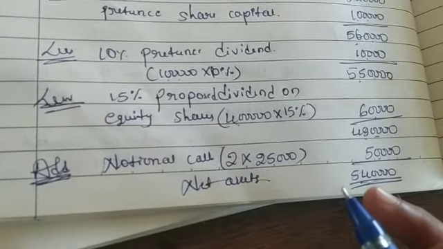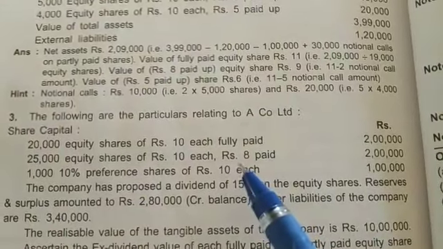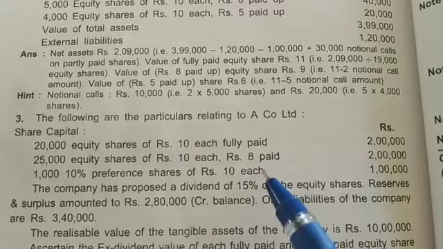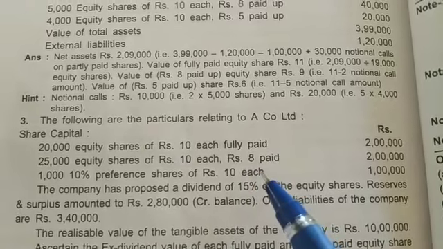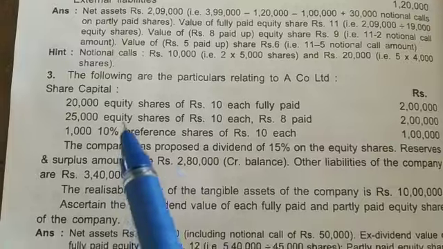We have to make a notional call too, because there is one type of equity share that is only paid 8, and 2 rupees are still due. On the partly paid share we have to make a notional call of 2 rupees on 25,000 equity shares.